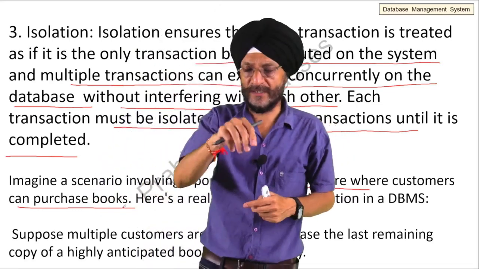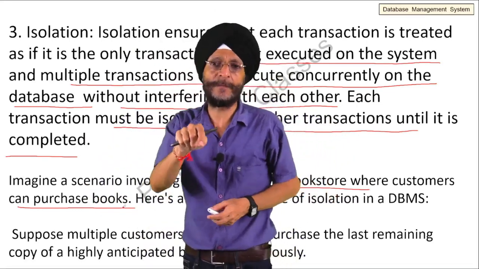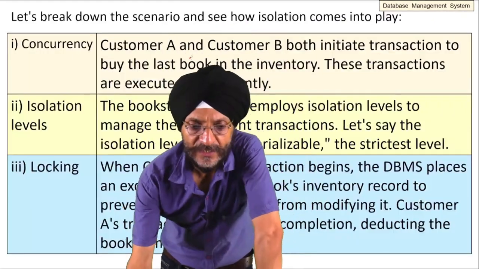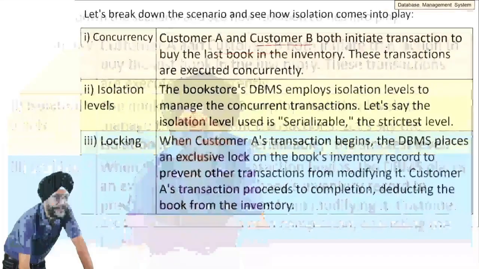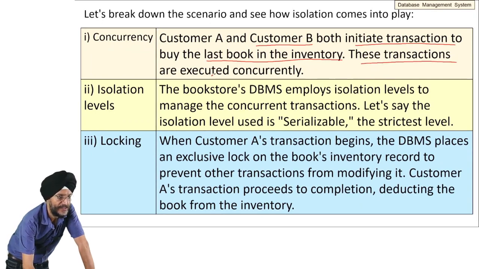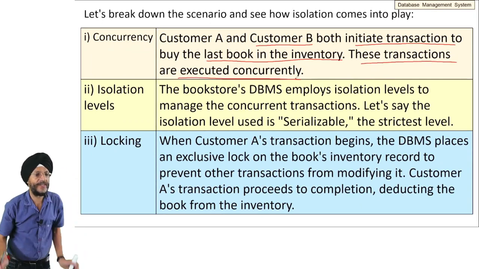Now we will try to understand the situation or the example with the help of what is written. Concurrency. Customers A and B both initiate transactions to buy the last book in the inventory. These transactions are executed concurrently. Concurrently means at the same time.